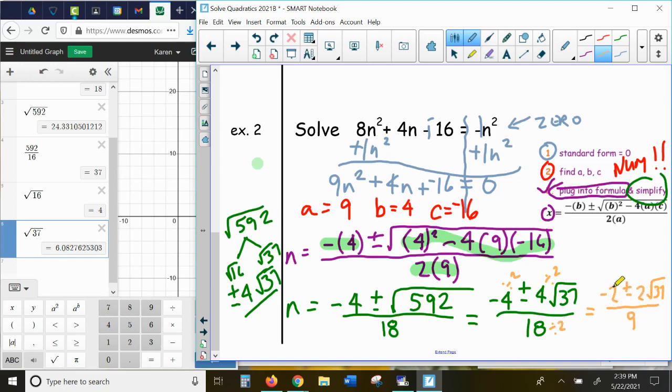One solution is negative 2 plus 2 radical 37 divided by 9. And the other one is negative 2 minus 2 radical 37, all divided by 9. All right, pause your video. Make sure you have good notes. Maybe you should put notes about what you put in Desmos and things like that along your margins. Lots of steps. Well, really only 3 steps. Just got to be super careful.